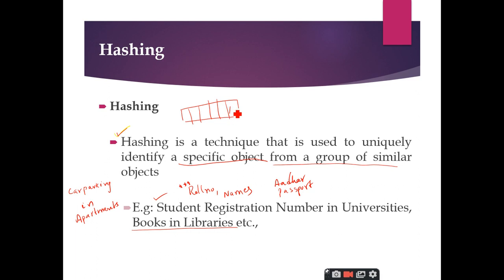right. For example, I have elements 10, 9, 8, 7, 15, 12 here. I want to delete the element 10. First of all, in order to perform the deletion operation, you have to find whether the element is present or not. You have to check whether 10 is present inside the array or not, right?